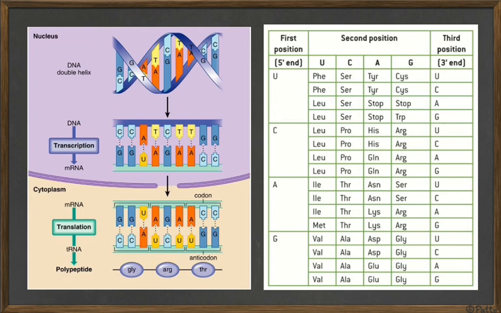Of course, there are exceptions. For example, methionine has only one, the AUG. There are others that have only one. If I'm not wrong, tryptophan over here. So some have only one, but some are going to have many. Some have 3, 4, 5, 6. Leucine has 6 possible combinations. So the genetic code is redundant, it is degenerate.